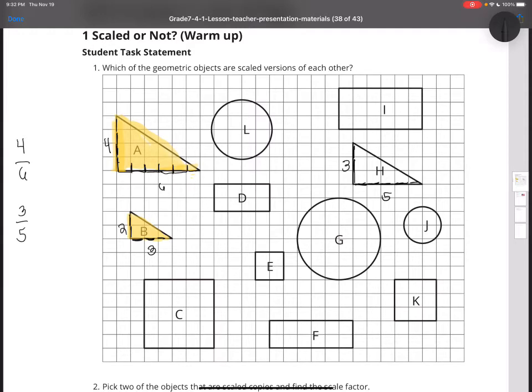If they simplify to the same ratio, that means that they are scale copies of each other. So 4/6 divided by 2 is 2/3. Well, 3/5 is actually in its simplest form, and this simplifies to 2/3, which would be for part B. So H is actually not a scale copy.